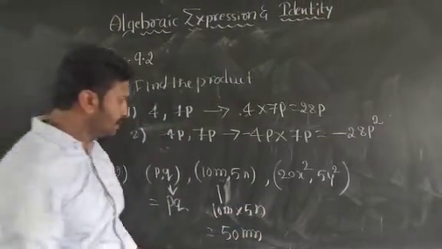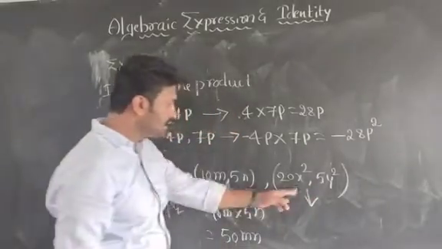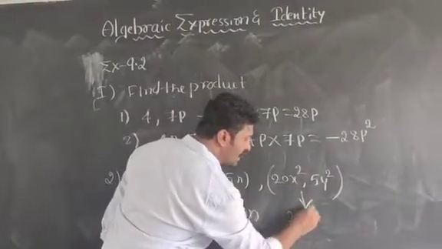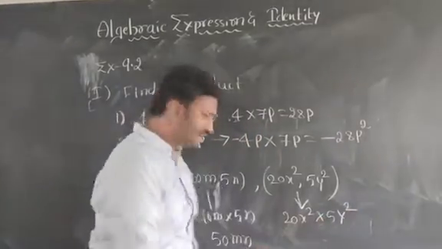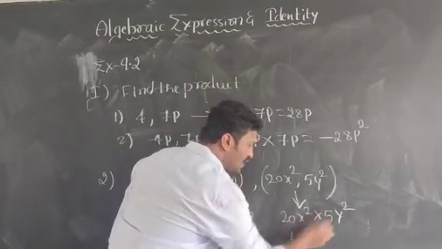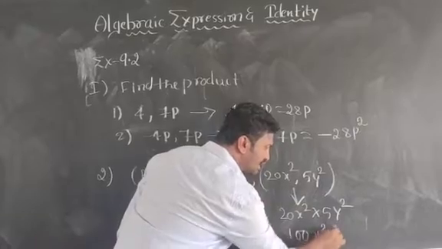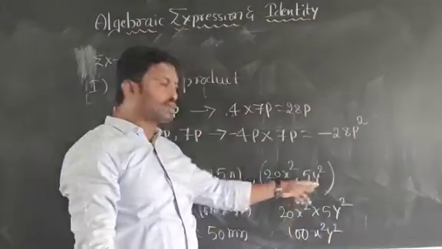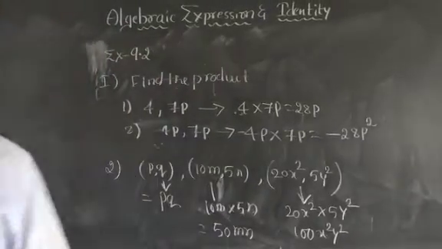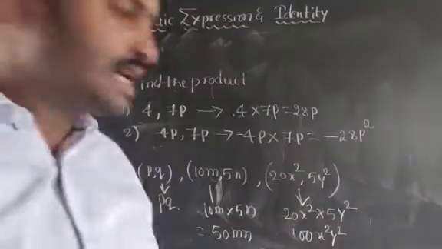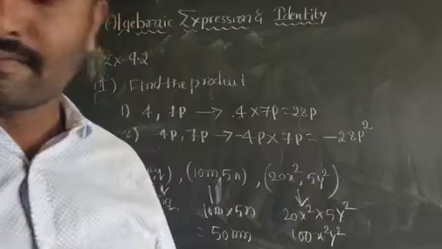And next, multiplication of 20x square into 5y square: 20 5s are 100, x square into y square, x square y square. So the product of 20x square and 5y square is 100x square y square. We just have to multiply the numericals first, then the variables.